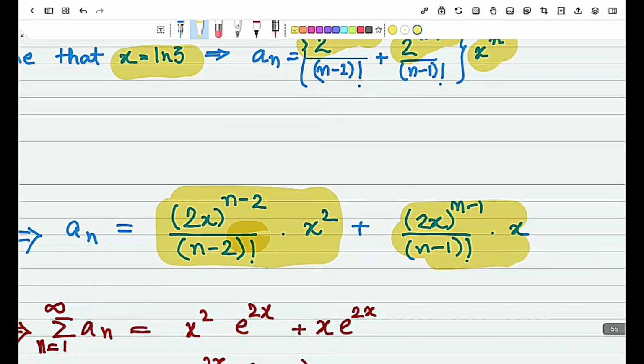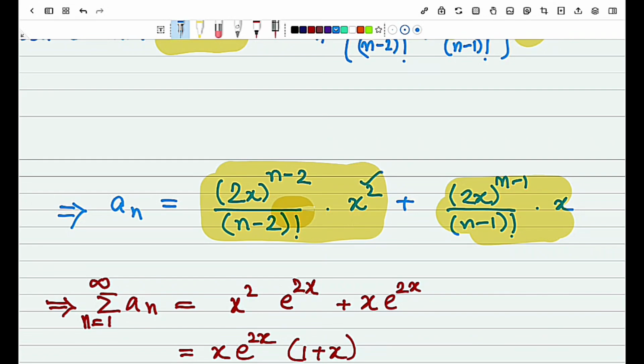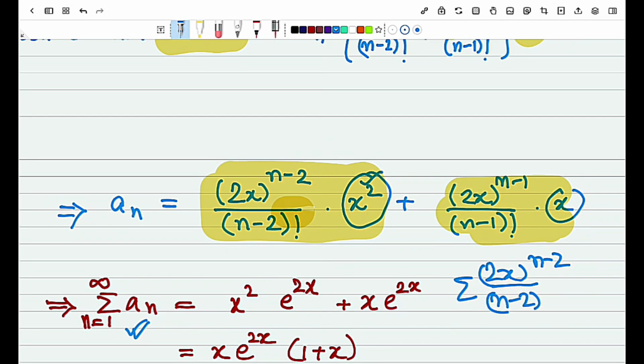Now x is a constant term, right? The variable term was x to the power n. This power was a variable. Now the power is not a variable in our problem, right? So what we can do is take this x square and this x outside of the summation, and you will be left with the summation of 2x to the power of n minus 2 divided by n minus 2 factorial.